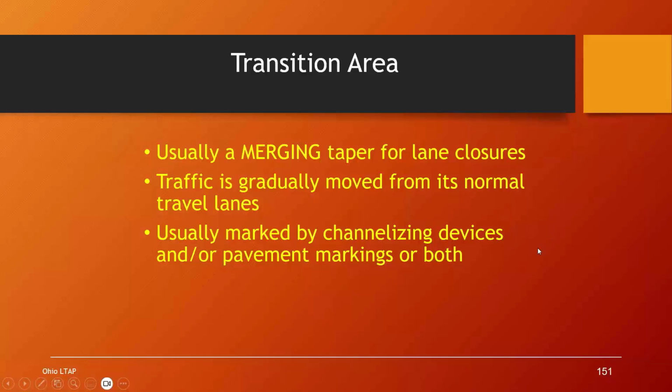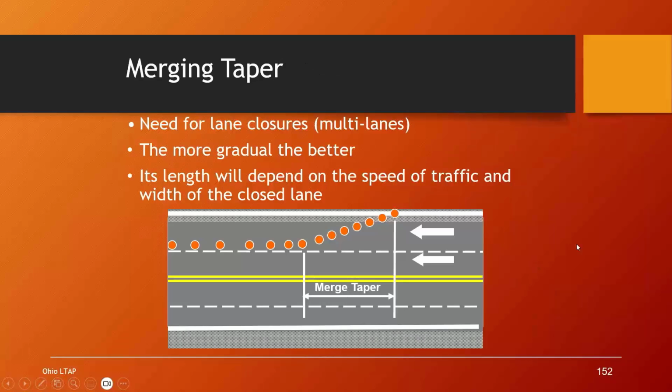So you're moving traffic from its normal travel lane to another lane, and we mark this with the use of channelizing devices. And as you saw on typical application number 33's example, if we're dealing with a longer term project, then we're going to use pavement markings as well.